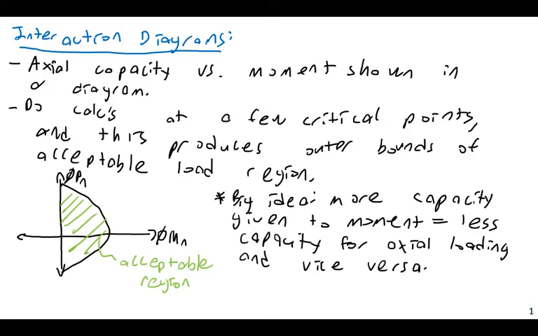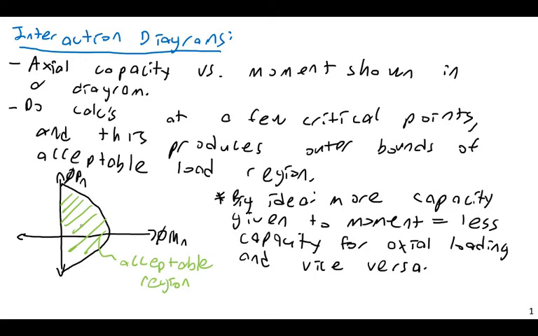So in the case where we have our maximum moment, we have 0 axial load capacity. In the case where we have maximum compression or maximum tension, we have 0 moment capacity. Based on this, we're going to create a curve from 4 points for a given section, and this will be the outer bounds of our acceptable region.